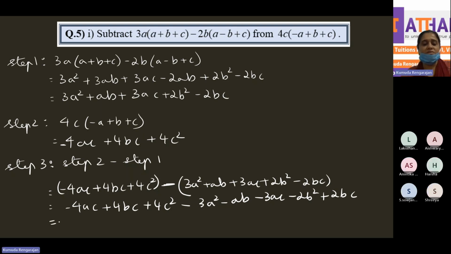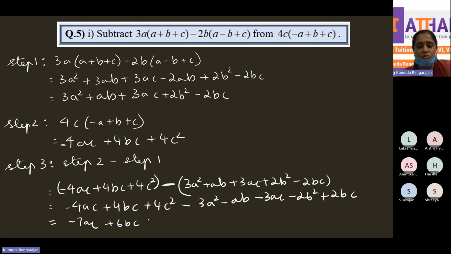Now simplify like terms. Is there any ac term? Minus 4ac minus 3ac. How much? Minus 7ac. Then plus 4bc plus 2bc, plus 6bc.